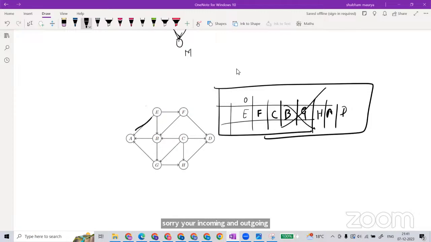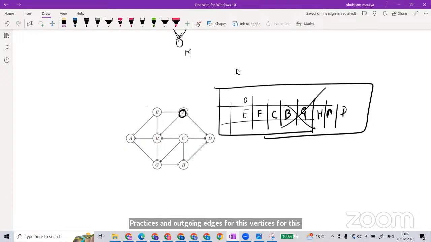So here these are the outgoing edges, and these edges are actually incoming edges for these vertices, and outgoing edges for this vertex.